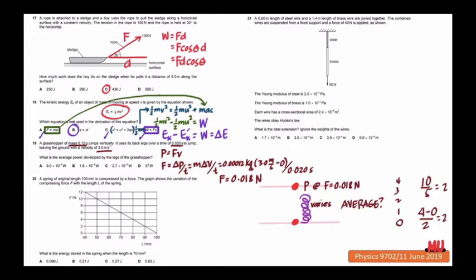Now, it looks like we can use this alternative way to calculate the average to answer the question. Find the power here at the highest F, which is 0.054 watt, minus 0 in here, on the ground, divided by 2. Alright, so the average power is 0.054 watt divided by 2, or 0.027 watt, which is option C.